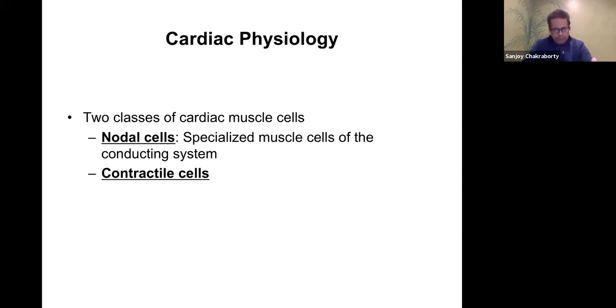When troponin binds with calcium, it moves the tropomyosin. When tropomyosin moves, the active site of the G-actin gets exposed, which binds with the myosin head, and the myosin head pulls, and that's a contraction. This whole thing we learned in ANP1, how skeletal muscle contracts.